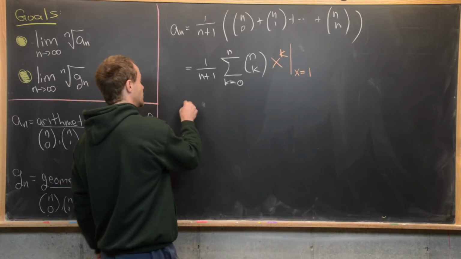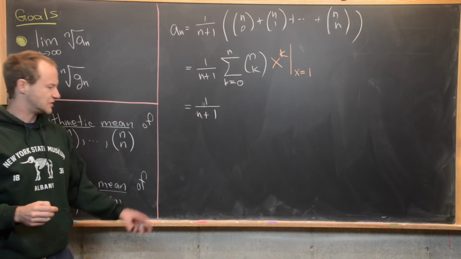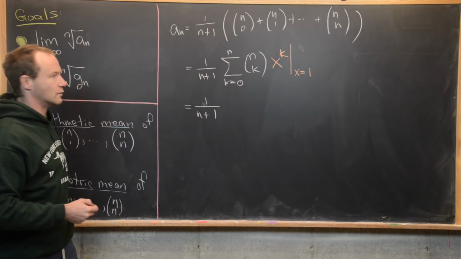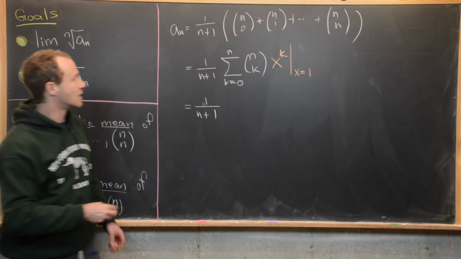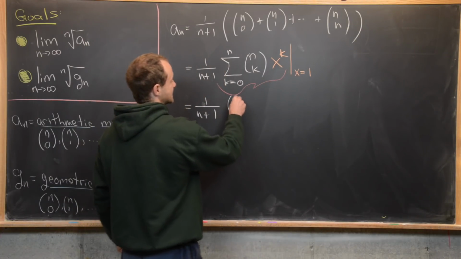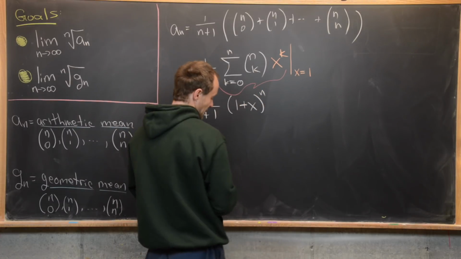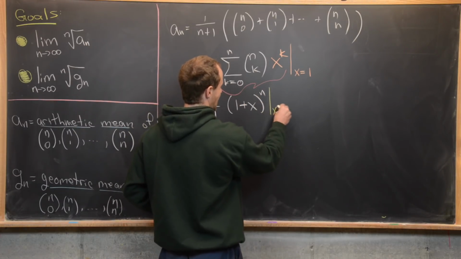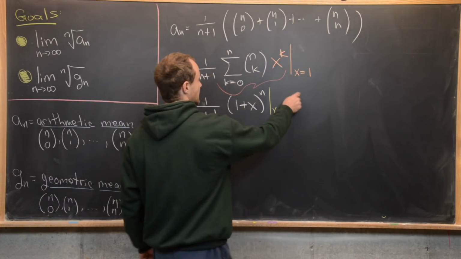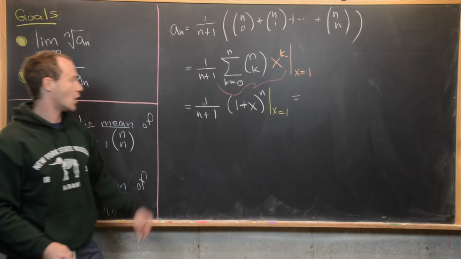But now by another definition of binomial coefficients, which is somewhat well known, but we didn't talk about before, we can rewrite all of this as 1 plus x to the n, and then we are evaluating that at x equals 1. So in other words, we have 1 plus 1 to the n, that's 2 to the n, over n plus 1.